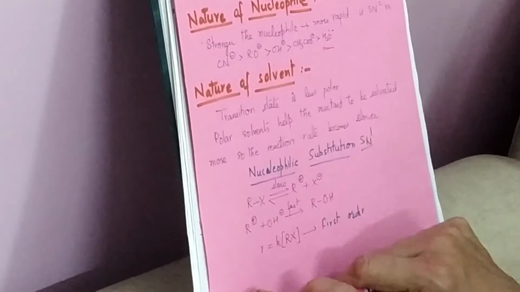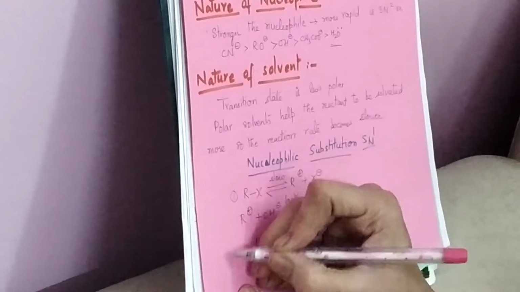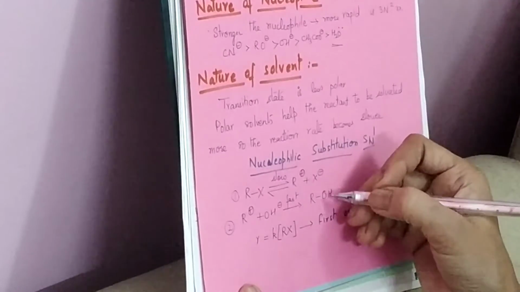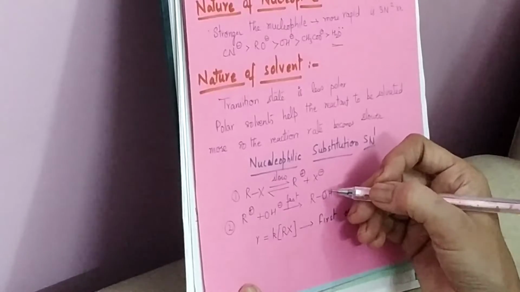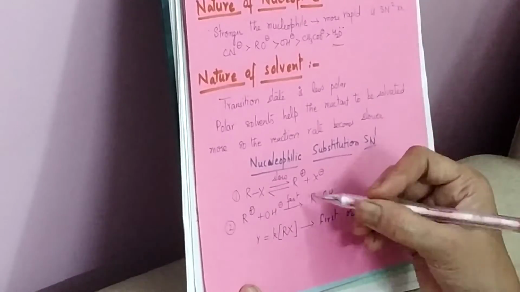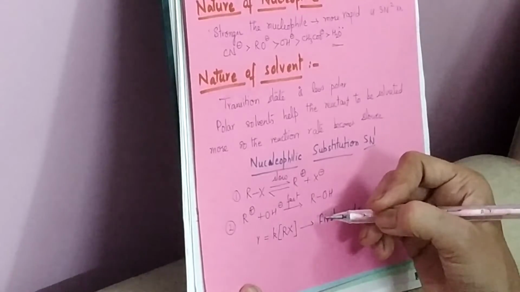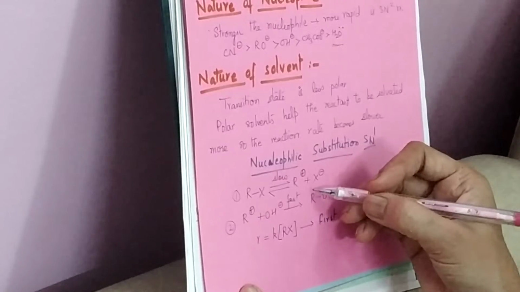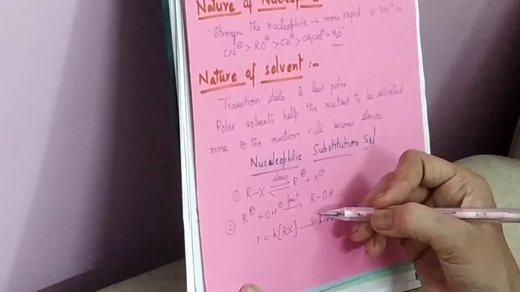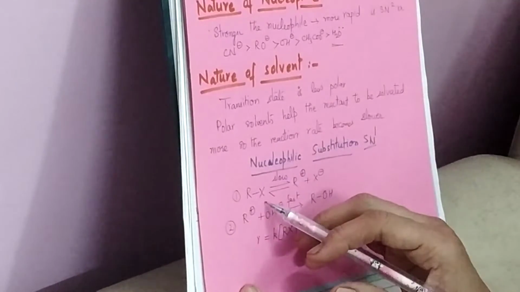So here the reaction is taking place in two steps, out of which the first step is the slower one, and the second step is faster, because the overall rate of reaction depends only on the slower step, that is the rate determining step of the reaction. So here the first step is the rate determining step, and it involves only RX.